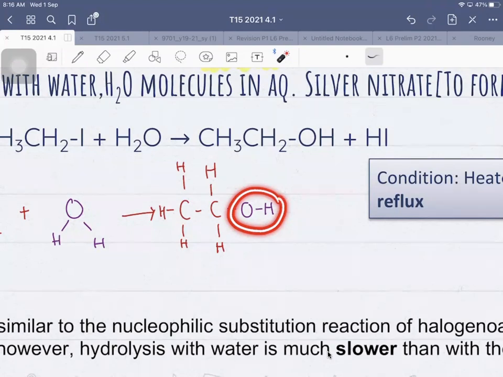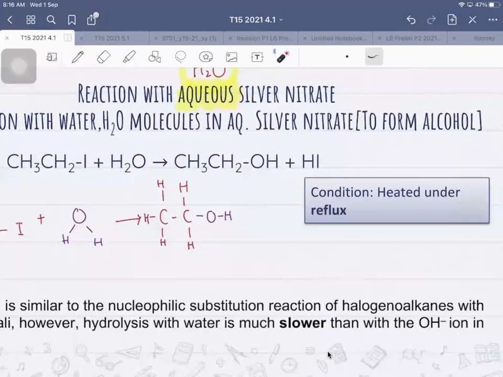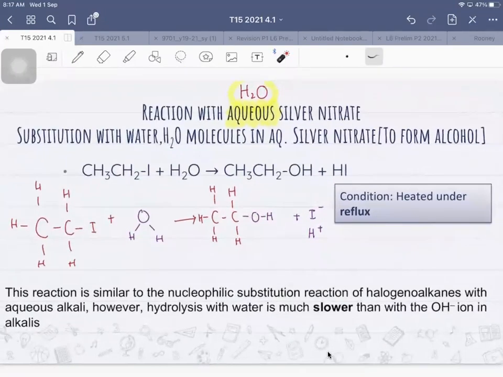If you have two, that means your oxygen now forms 3 bonds: 2 bonds with hydrogen and 1 bond with the carbon, which is the new bond. The other product would be I minus and H plus. That H plus would have come from the oxygen. When you combine them, it becomes hydrogen iodide, just like this equation.